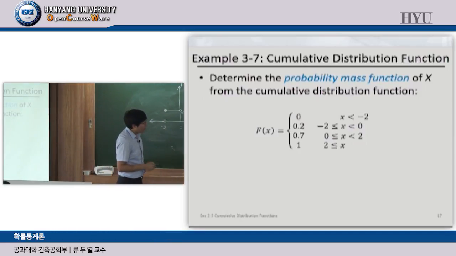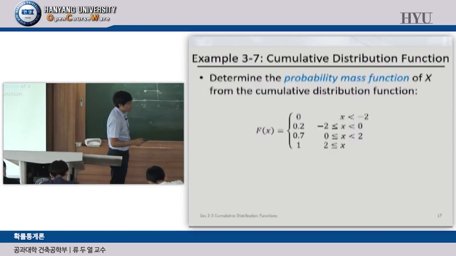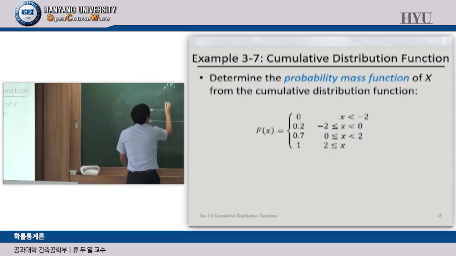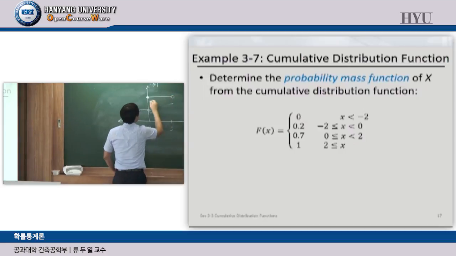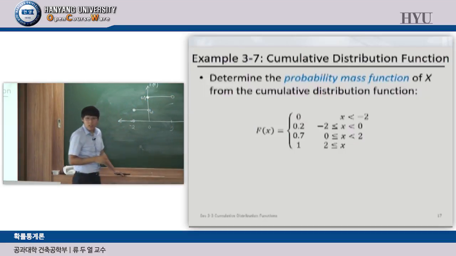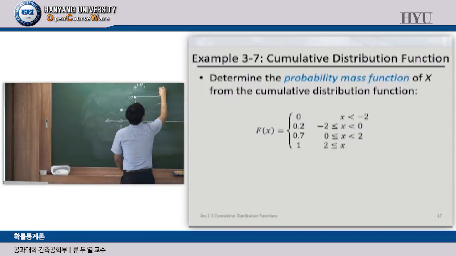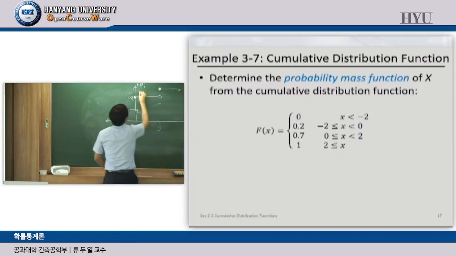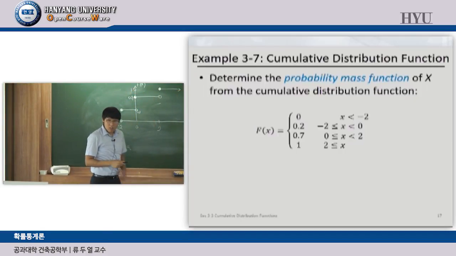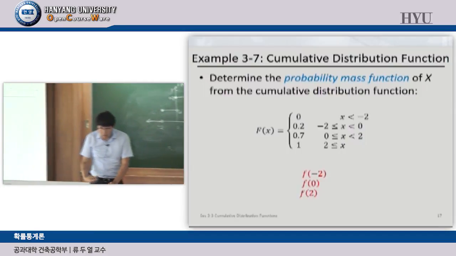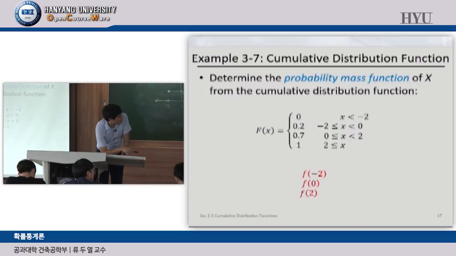And when x is larger than or equal to 0 and smaller than 2, that is here, right? And also, when x is larger than or equal to 2, the cumulative distribution function should be 1. Okay? So in this case, how can we calculate the probability mass functions of -2, 0, and 2?